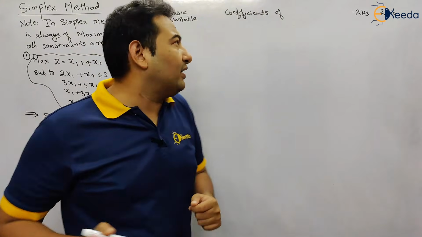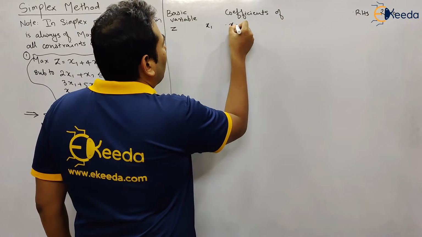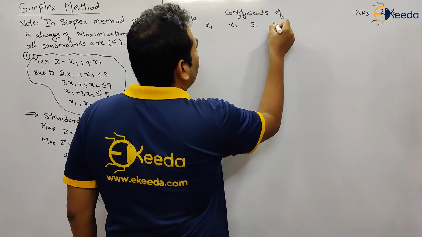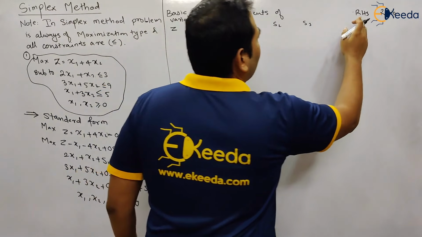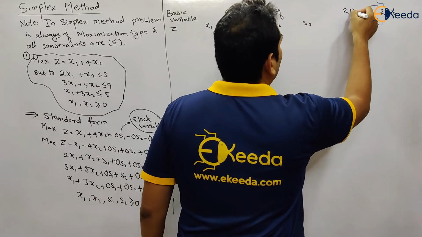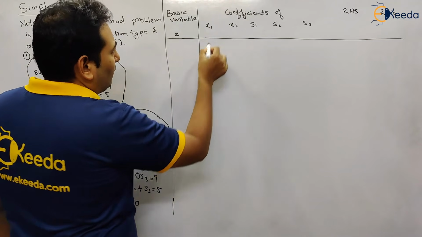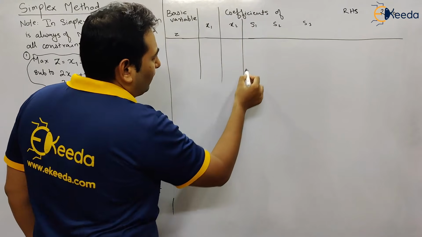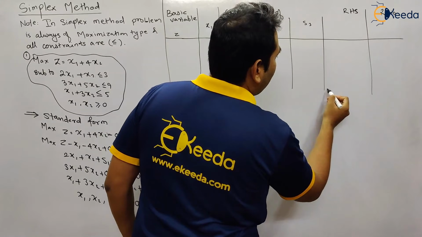So I am going to write it down here: x1, x2, s1, s2, s3. Next is RHS, and finally it's a ratio. You need to remember this particular format. Write it down properly, otherwise there will be a calculation mistake.